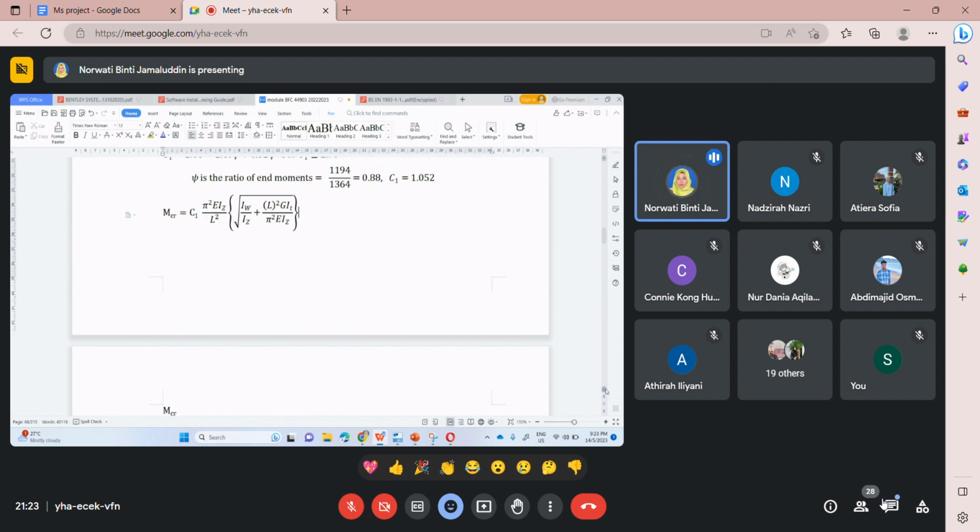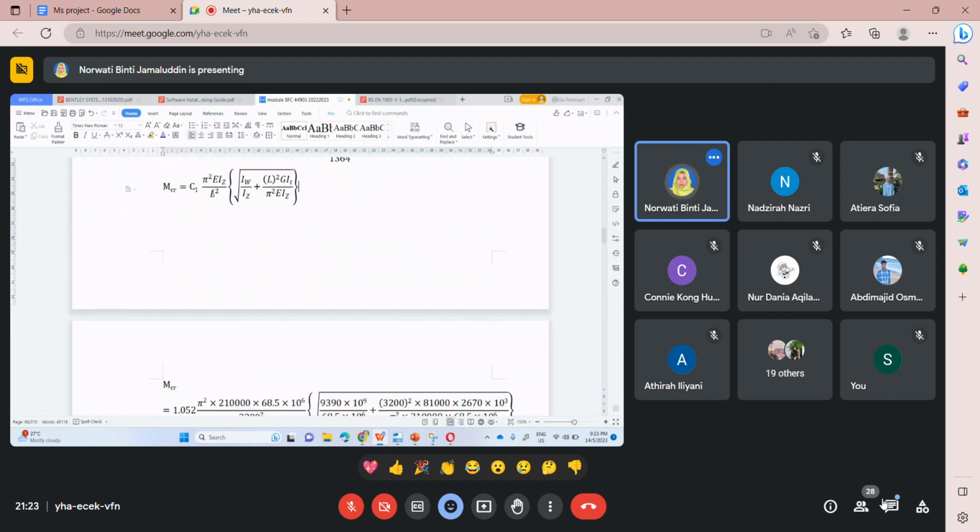Then once you have C1, L here is the critical span, LCR. Put that LCR. For buckling, you refer to LCR, not total length.